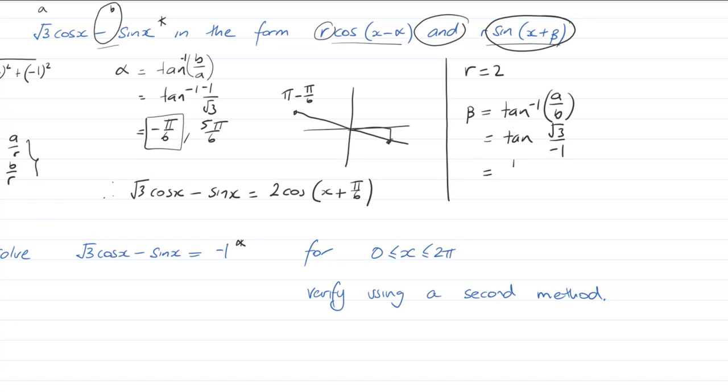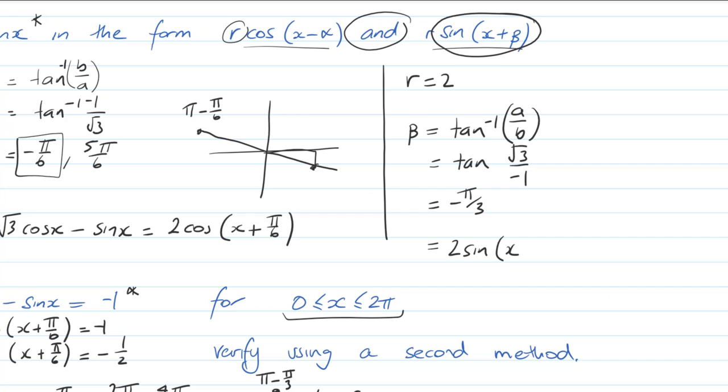And so that is pi on 3 in the first quadrant, but this is going to give us the fourth quadrant answer, which is negative pi on 3. And so we get the equivalent again, which is 2 sine x plus beta, which in this case is plus negative pi on 3, which means we don't really need that plus, so that's just minus pi on 3.